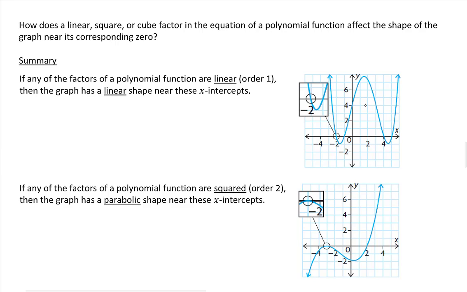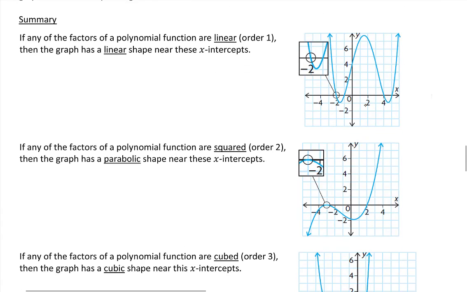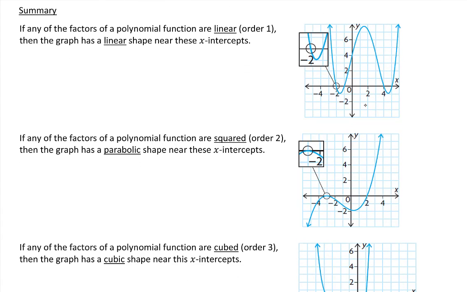So how does a linear, square, or cube factor in the equation of a polynomial function affect the shape of its graph near the corresponding zeros? We saw that if any of the factors of a polynomial are linear or of order 1, then the graph has a linear shape near the zeros. So looking at this -2 and then zooming in, you see you have a linear shape.